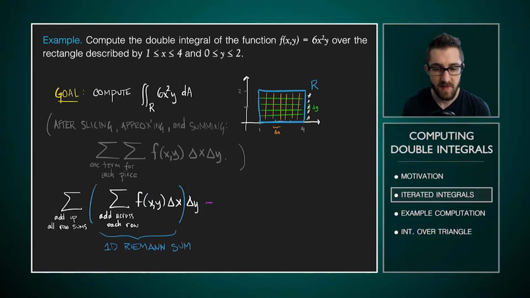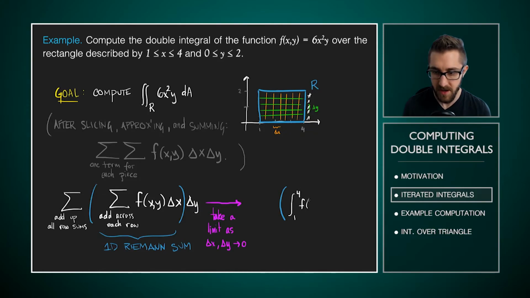Okay, we can think about what happens after we take a limit as delta x and delta y both go to 0. What we'll end up with is the stuff inside this blue parentheses is going to turn into a one-dimensional integral where the variable that we're integrating with respect to is x. And since we're adding across each row, x is going to go from 1 to 4 because that was the bounds on x in this picture.